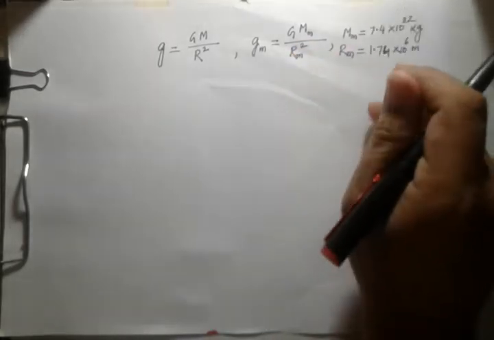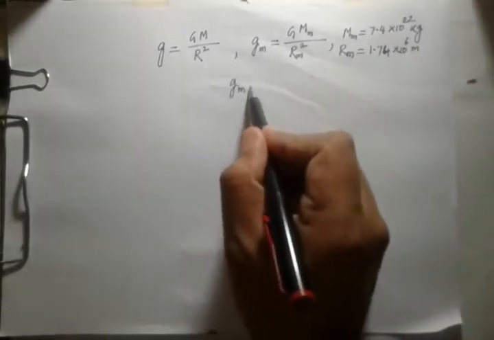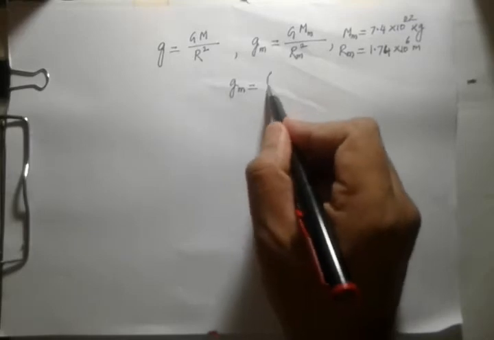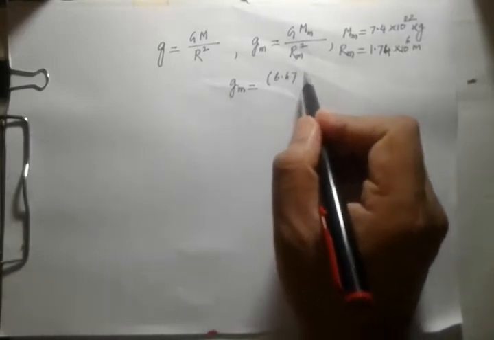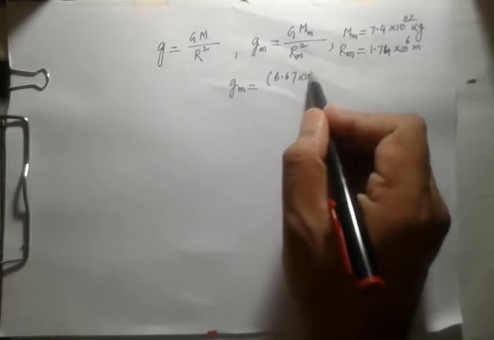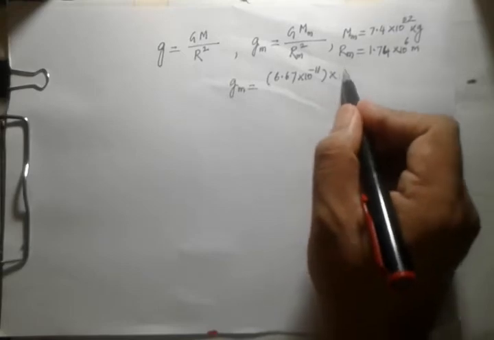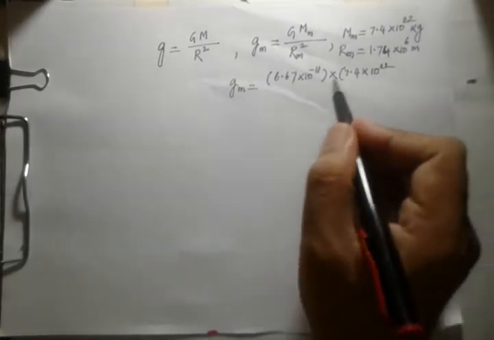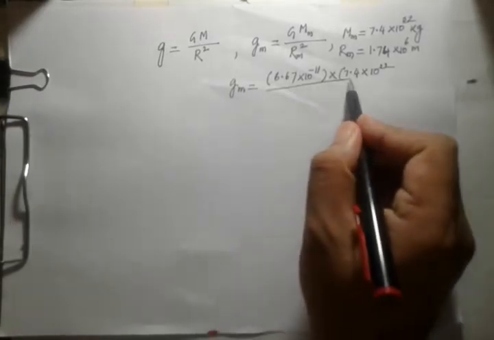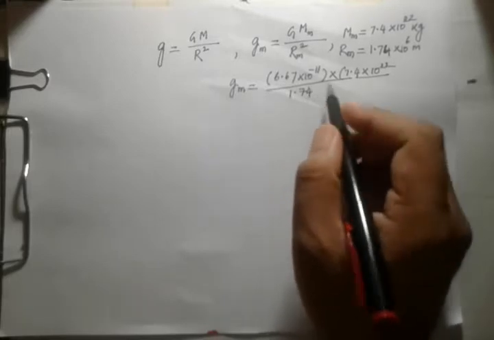So now we'll compare this one. What you can find from here, g_m is equal to, G is the universal constant, so it will be the same, 6.67 into 10 to the power minus 11 into 7.4 into 10 to the power 22 divided by 1.74 into 10 to the power 6 whole square.